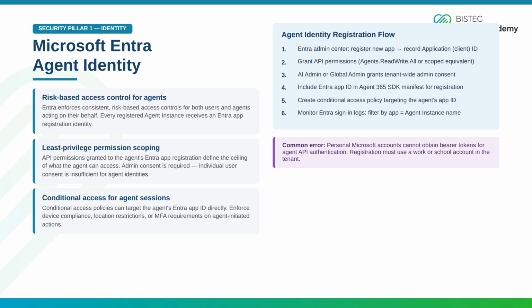Create a conditional access policy targeting the agent's app ID, and monitor Entra sign-in logs filtering by the agent app name. One common error to flag: personal Microsoft accounts cannot obtain bearer tokens for agent API authentication. All registration must use a work or school account in the tenant.